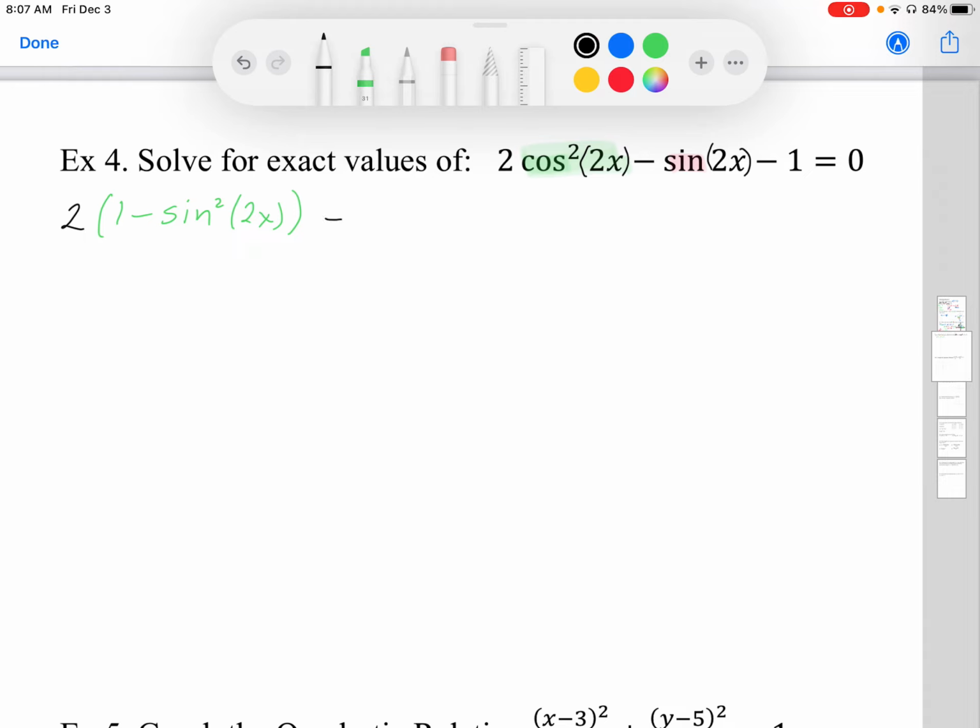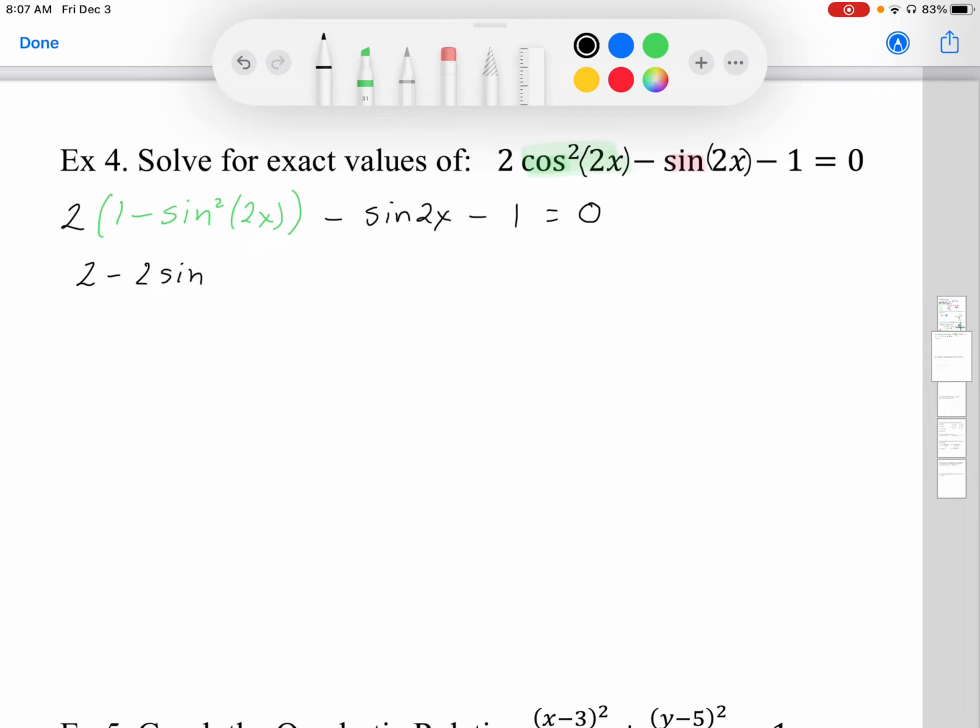So now at least we have everything in terms of sine, which now allows me to rearrange this into a quadratic equation. So this is a quadratic equation in terms of sine. So I need to first of all rearrange this into a quadratic equation to be able to solve it. So I'm going to expand.